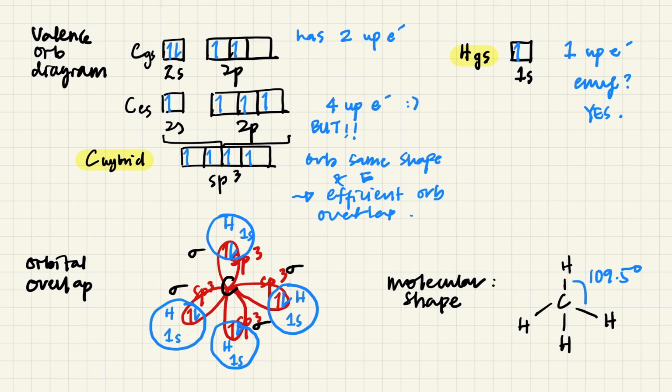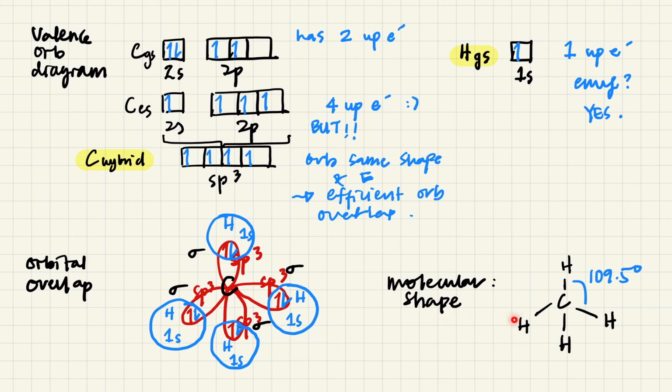Okay, so that's your drawing for orbital overlap. So that is how bonding occurs in the CH4 molecule. Okay, so now you can see which electron in which orbital are interacting with each other. Okay, and to make sure you're right, compare with your molecular shape.